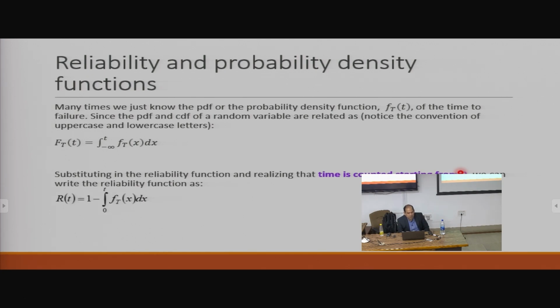Now, one thing changed here: instead of negative infinity, we replaced it with 0, because obviously there is no negative time. Practically, the system didn't even exist before time 0, so no point taking those into account.